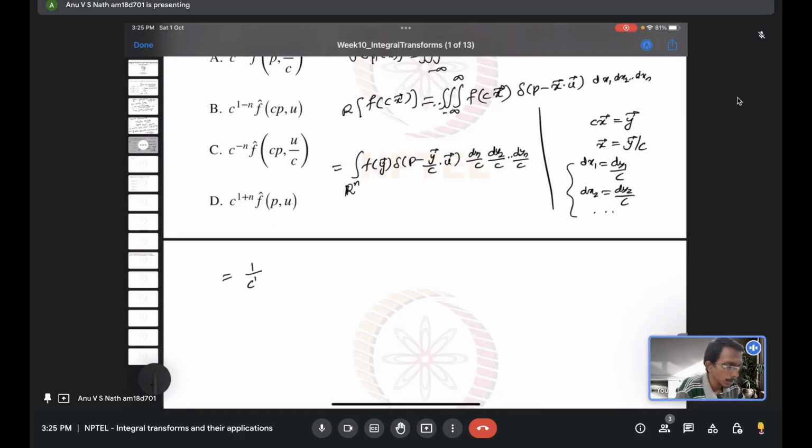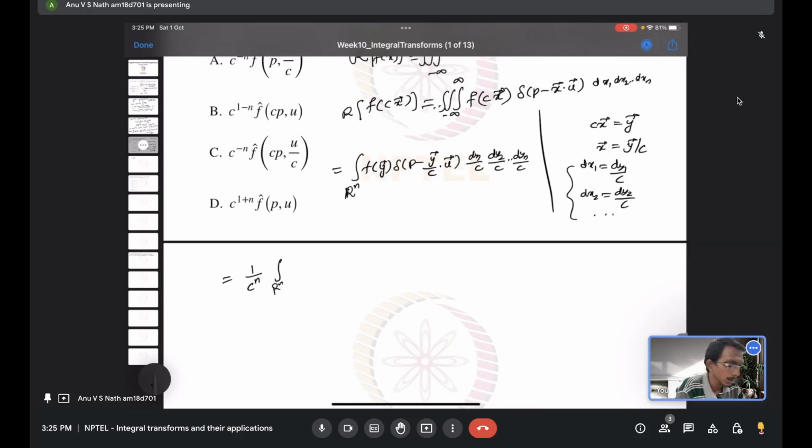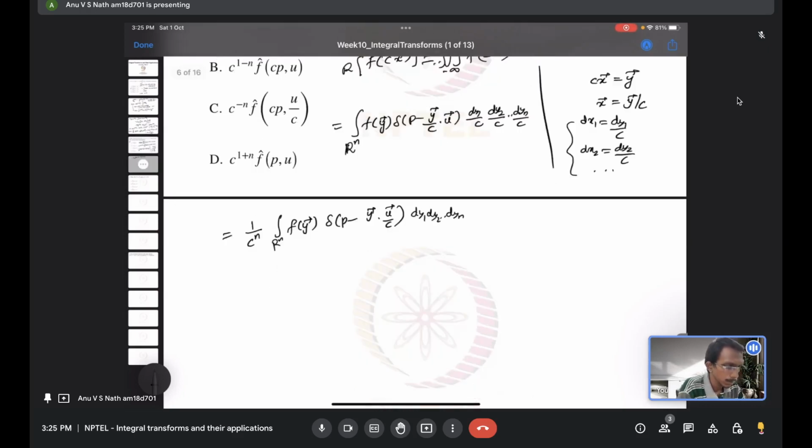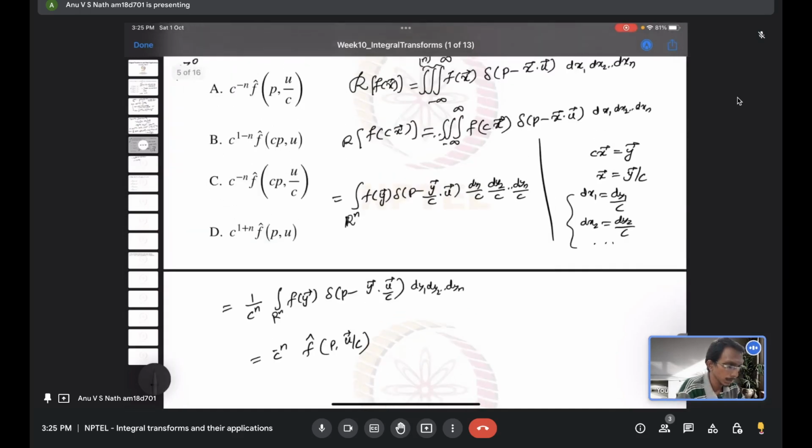So it will be 1 by c raised to n times the integral over the n-dimensional real space f of y vector delta of p minus y vector dot u by c, then dy1, dy2, etc., dyn. So this by definition is actually c raised to minus n times the f cap in the variables p and u by c, where u represents the direction cosine.